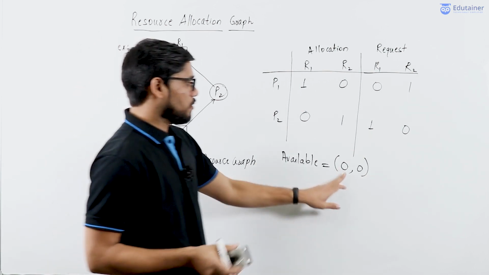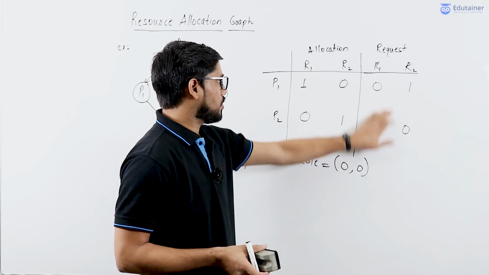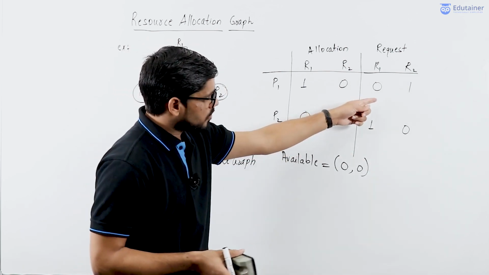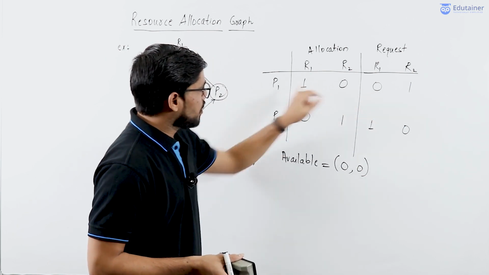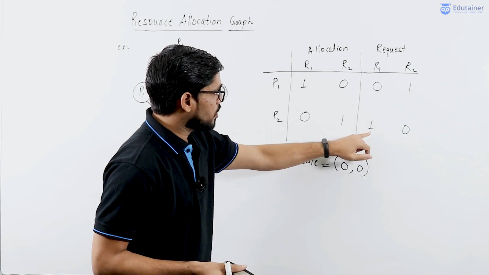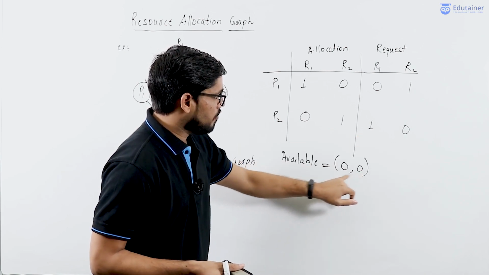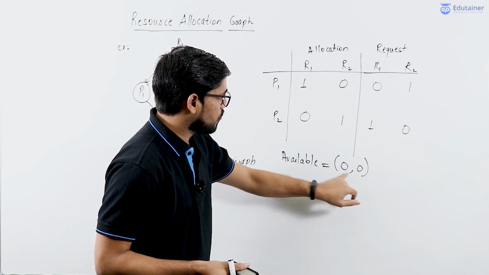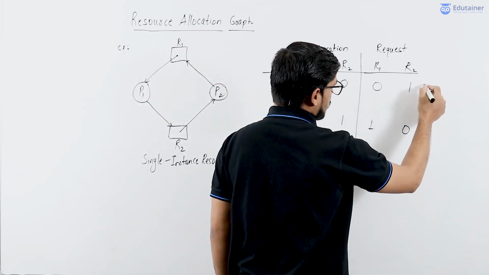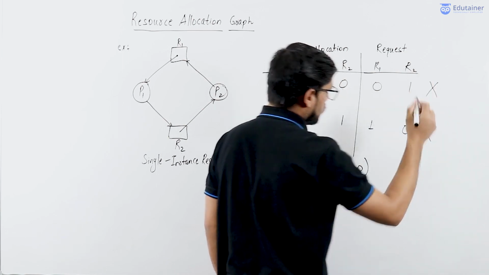So using this value 0 0, can we satisfy any request of the two given processes, P1 and P2? If you see the request column, process P1 needs one instance of R2, while process P2 needs one instance of R1, but we do not have any instance of R1 and R2, so we cannot satisfy either request. So P1's request is not satisfied, and P2's request is not satisfied.